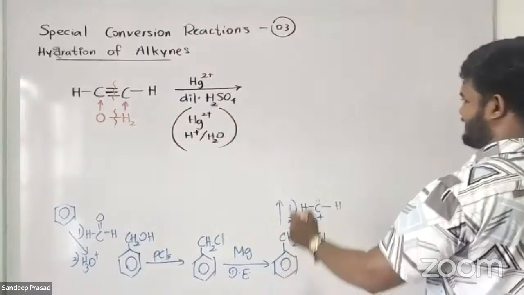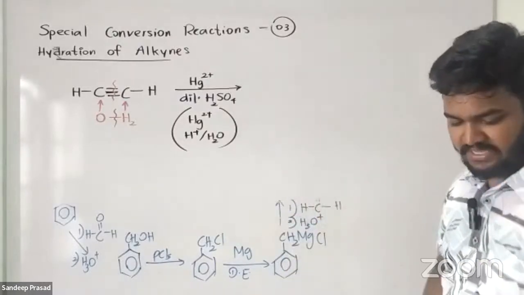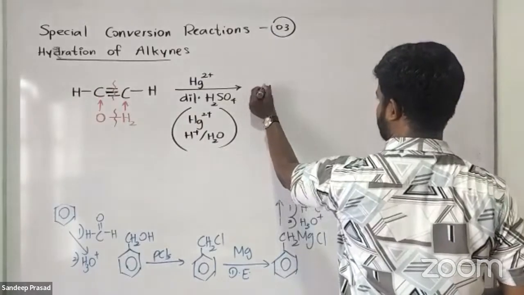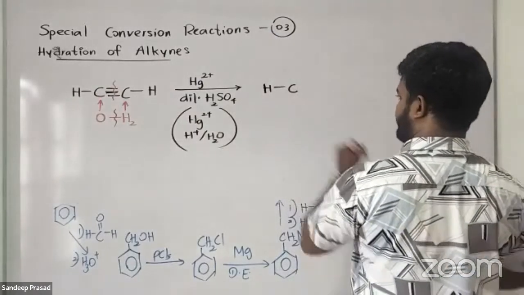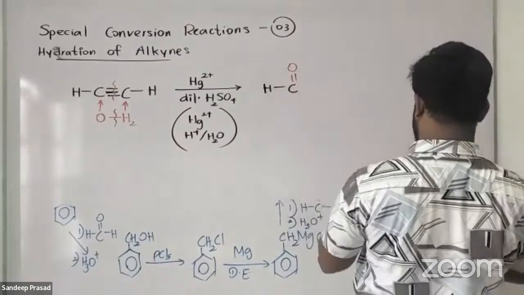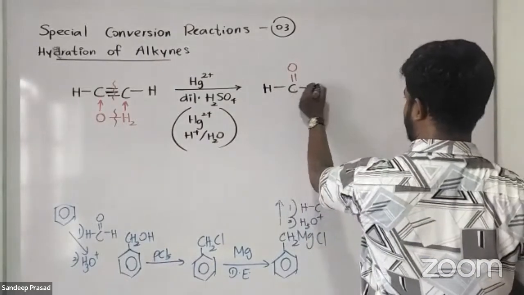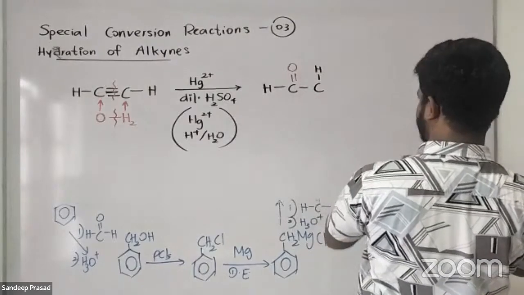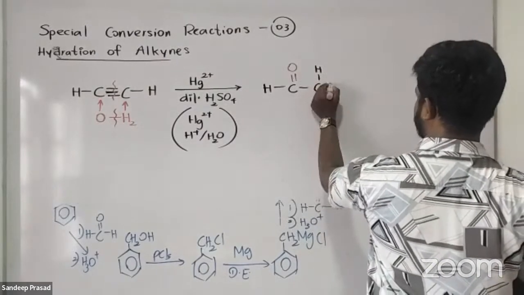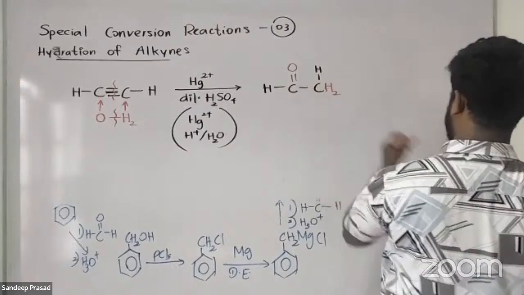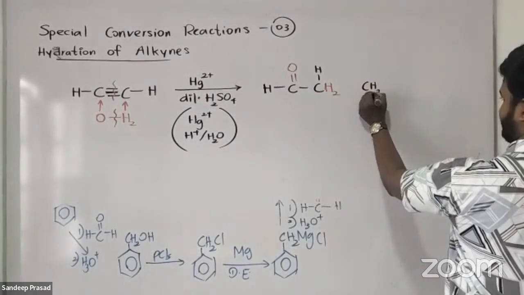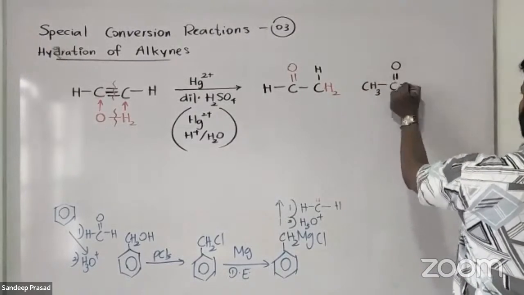As you can see here, the product is HC=O, and here CH3. That means 2 hydrogens are connecting there in this way. That means we can write down this compound as CH3CHO.